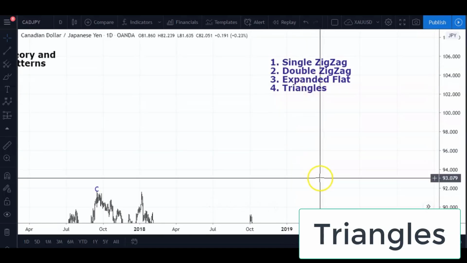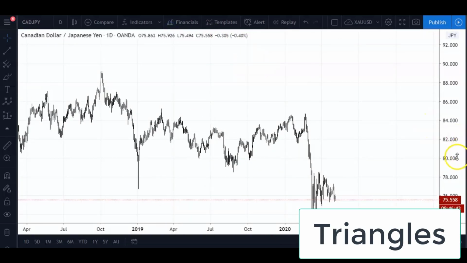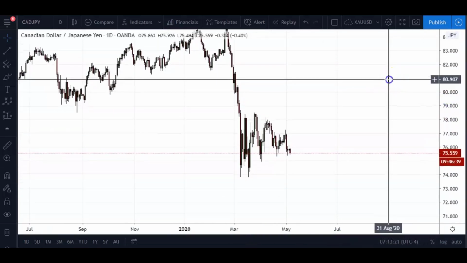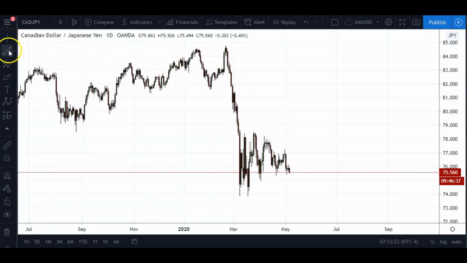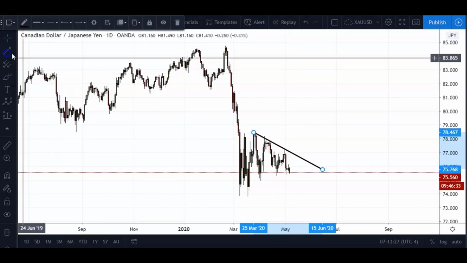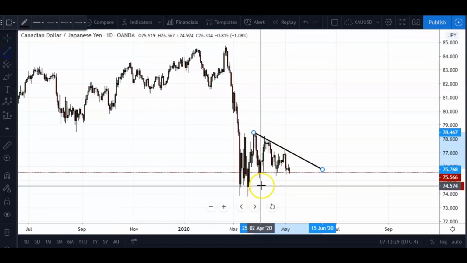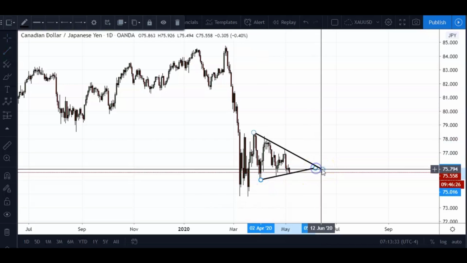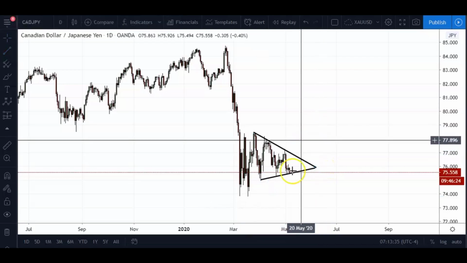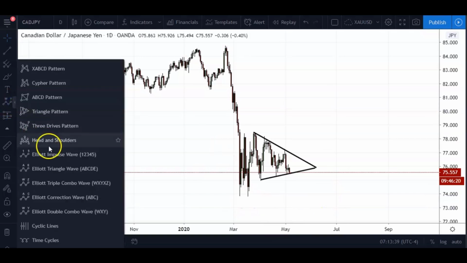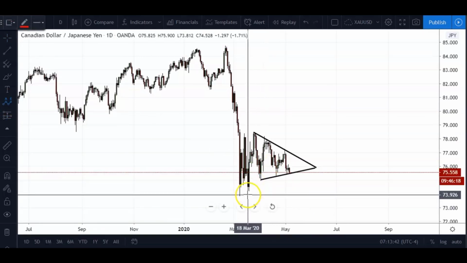I'll quickly jump to a triangle here. We've got a very noticeable triangle actually happening in the Canadian dollar Japanese yen at the moment. Now, whether this is going to have a bullish or bearish outcome, we don't know. The trend is still down, so it might still work out to be a bearish triangle. And they tend to work in 5 waves, but they're labeled with letters instead of numbers.